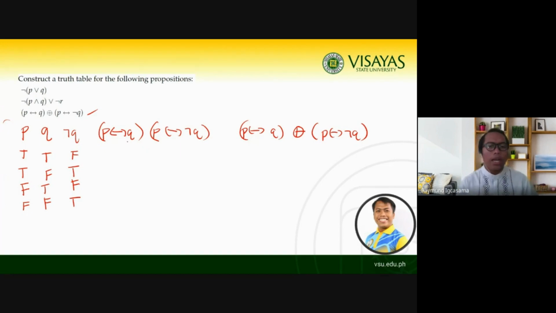So let's start with P if and only if Q. What is the rule here? This is a biconditional statement. It is true only if the two have the same values.